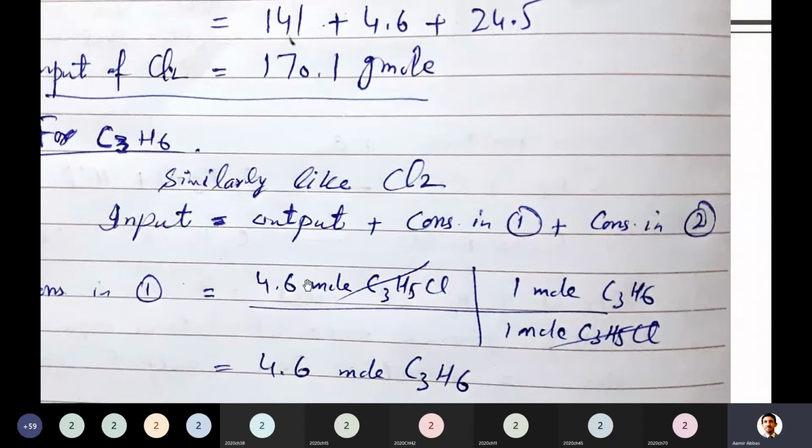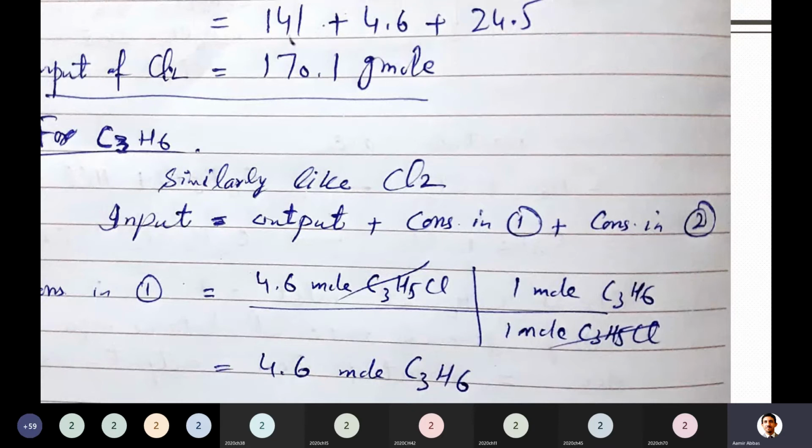You already calculated how much chlorine was consumed in the first reaction, which was 4.6 mole. So you can use the ratio between chlorine and C3H6. It is not always necessary to use the ratio between reactant and product. If you know one reactant and you are looking for the other reactant, you can also use that ratio.